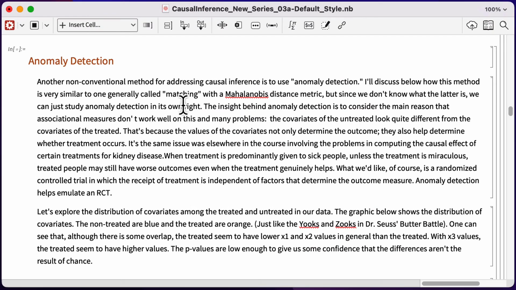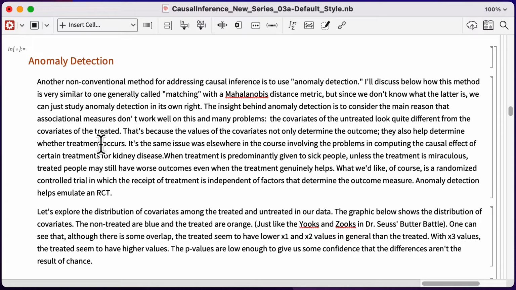Let's try another very Wolfram-y way of trying to solve the fundamental problem of causal inference, and that's to use anomaly detection. The insight behind anomaly detection is to think about why we're getting wrong results when we just do a raw comparison of how the control group did and how the treatment group did.